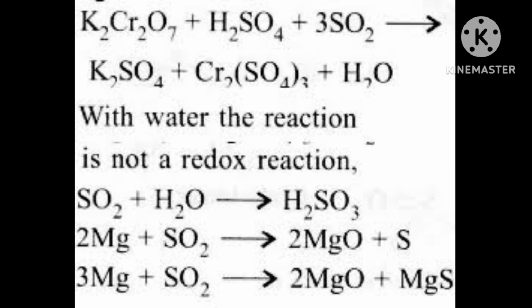If you compare, you will find the left side has a lower oxidation state, and on the other side it increases, meaning it lost electrons. That's why the plus charge increased.